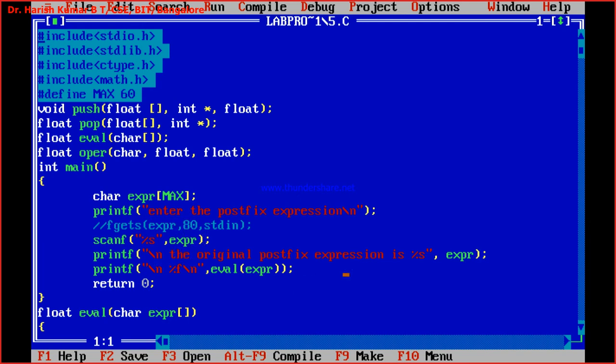Then I'm printing the original postfix expression as it is. Then I'm calling the function eval, passing my entire postfix expression to it. Have people understood till here? Yeah. Next we'll look into the eval function.